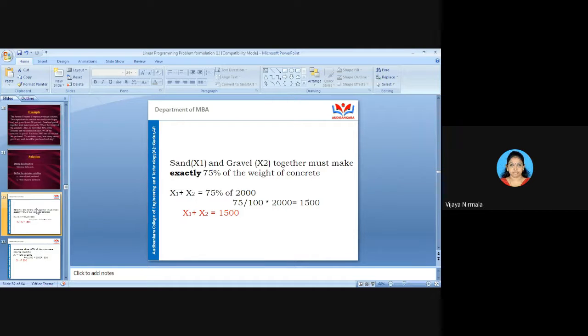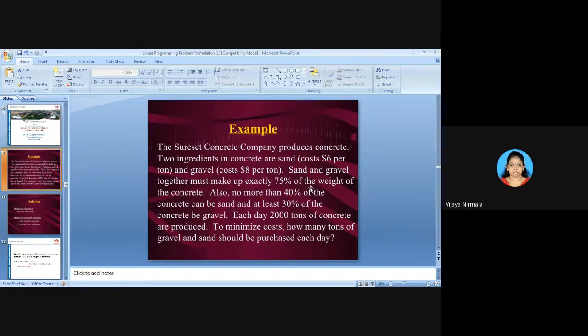So to frame the constraints, what is x1? X1 is sand. What is x2? X2 is gravel, right? So see the problem here.